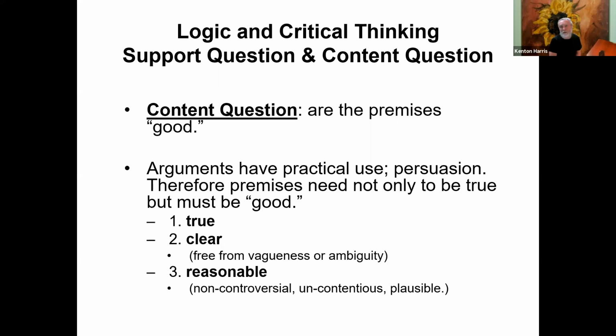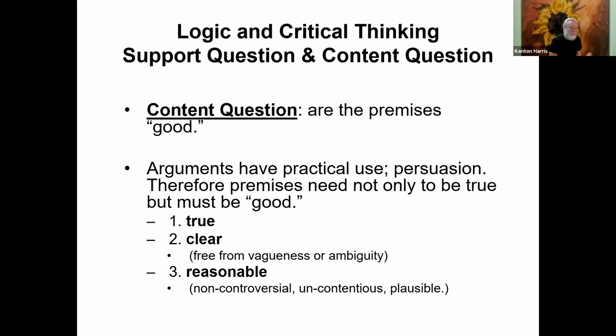The same holds for ambiguity. If your premise admits of multiple incompatible interpretations, then I don't know which one you mean, so I certainly don't know that what you're saying is true. Maybe what you mean is true, but you haven't communicated that clearly to me, and so your argument fails to convince me.